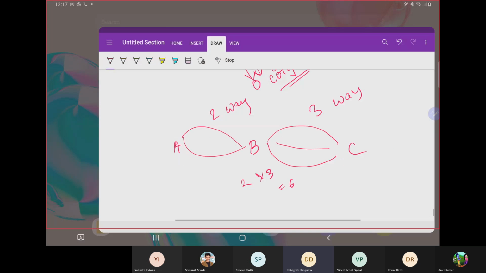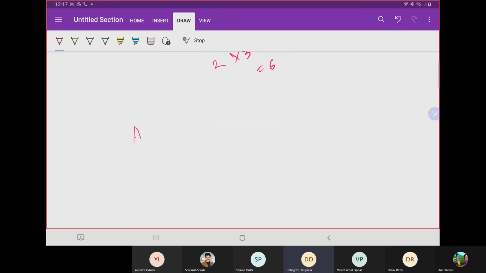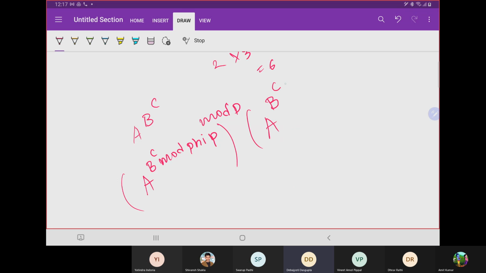So basically, a power b power c I need to calculate mod p, and I can split it into two parts, that is b power c mod phi p, right? This is one part, into b power c divided by phi p, floor, into phi p, in the power.